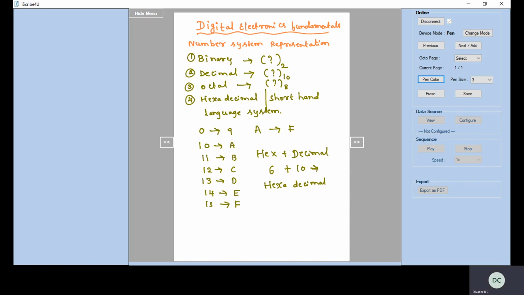Now let us deal with number base conversion.